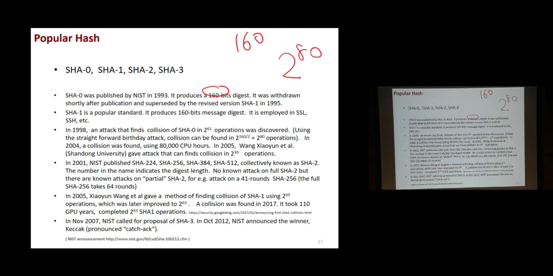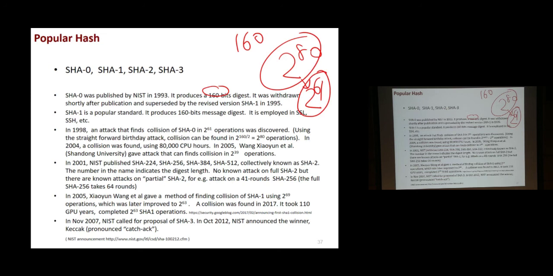But then someone figured out a way to do it in 2 raised to the power of 61. Using birthday attacks it would be 2 to the 80, but someone found a loophole so that you are able to find a collision much faster, using 2 raised to the power of 61.